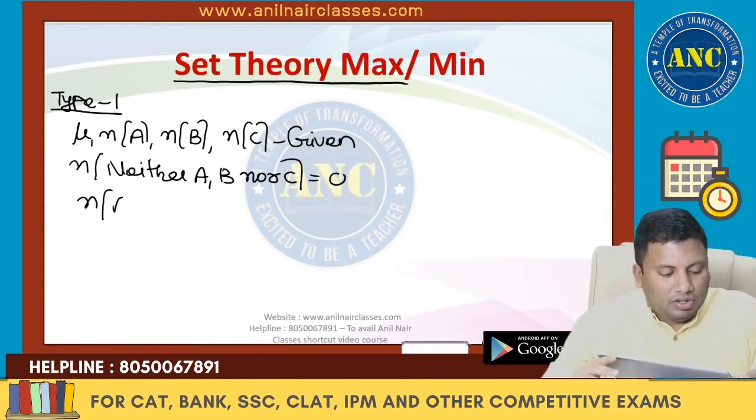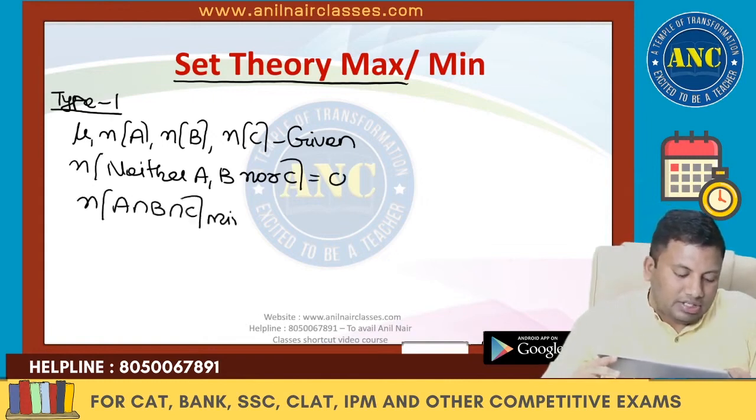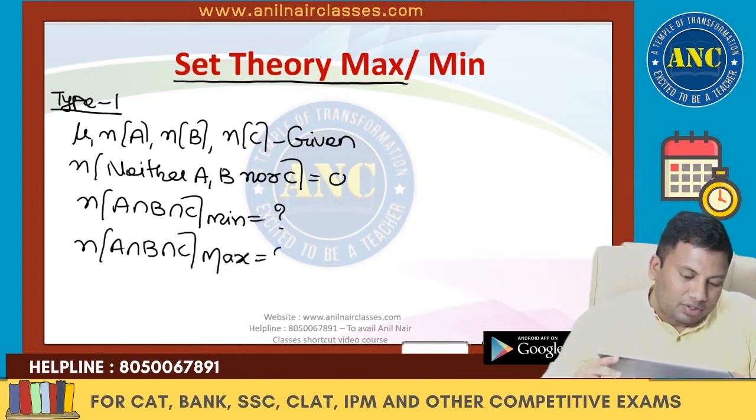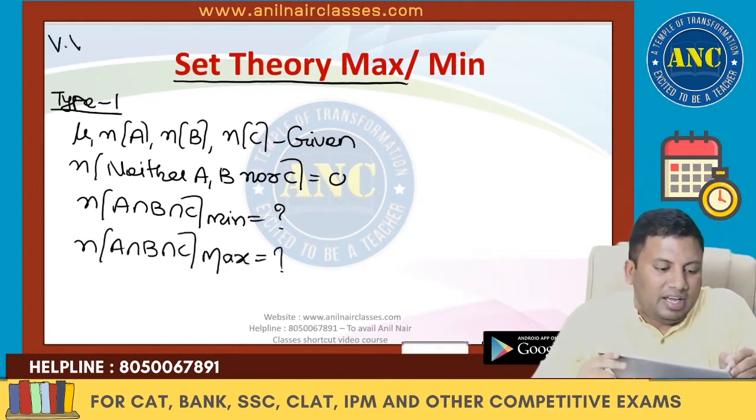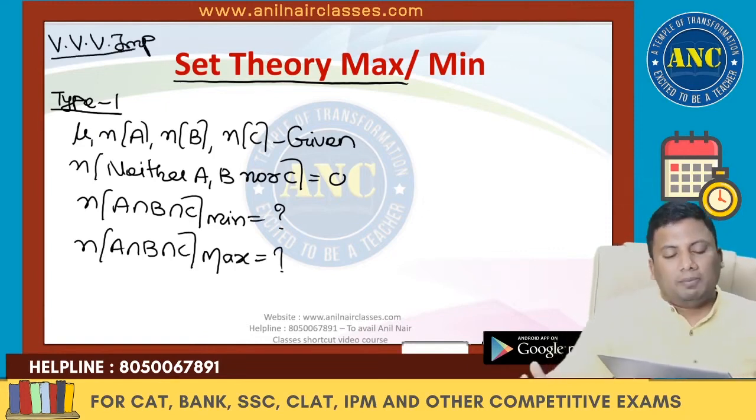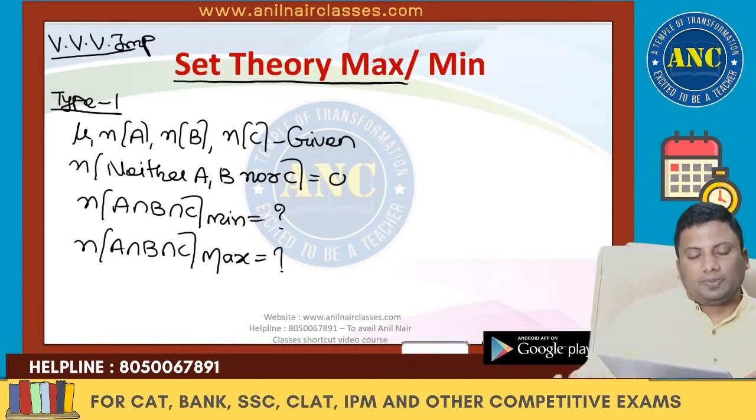So we have to determine n of A intersection B intersection C minimum value, and we have to determine A intersection B intersection C maximum value. Very, very, very important topic especially for management examination aspirants.